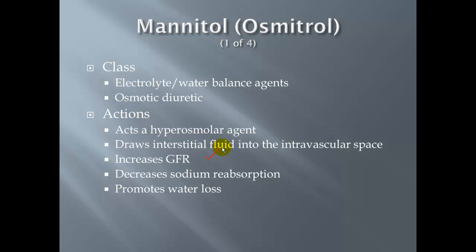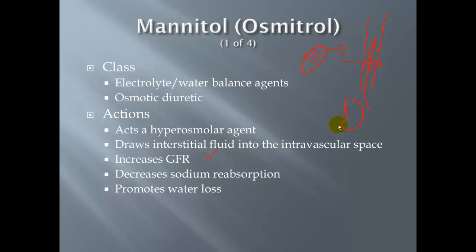What this is going to do: this is a very thick, viscous substance. It has a higher osmotic pressure than the fluid that you introduce it to. So very simply, if you introduce it into the vessels, it's going to pull fluid from the cell and then pull fluid from the interstitial spaces, and all of this increased osmotic pressure and vascular pressure will be filtered through the kidneys.